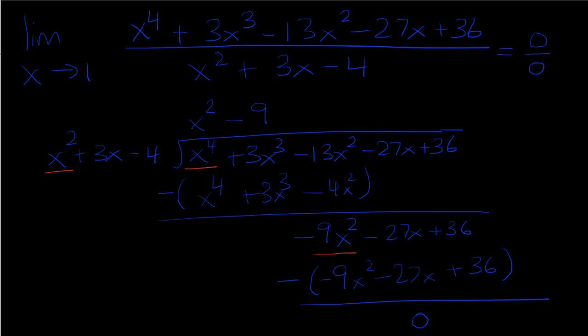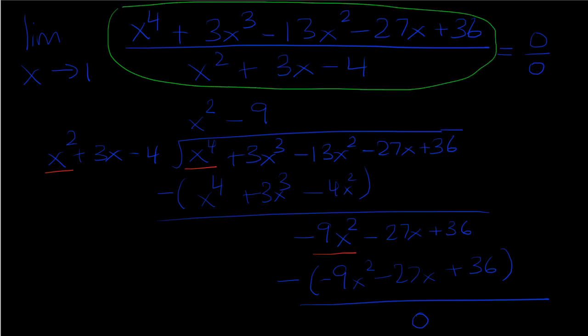So this whole expression that we started with can be simplified to x squared minus 9. So this limit turns into the limit as x approaches 1 of x squared minus 9. I can now plug in x equals 1 to get negative 8 as my limit.